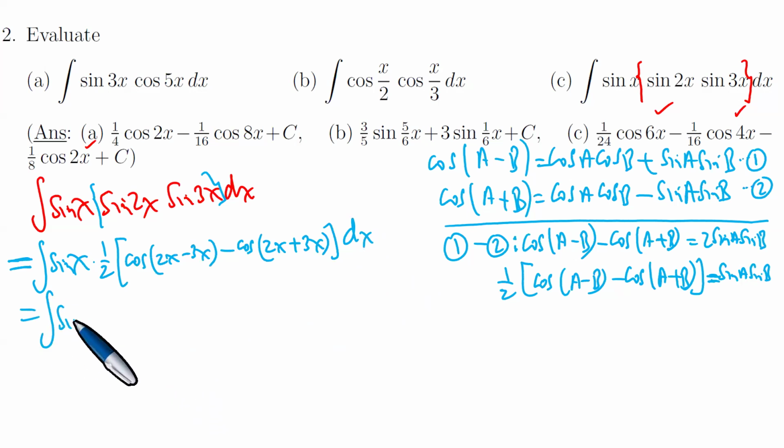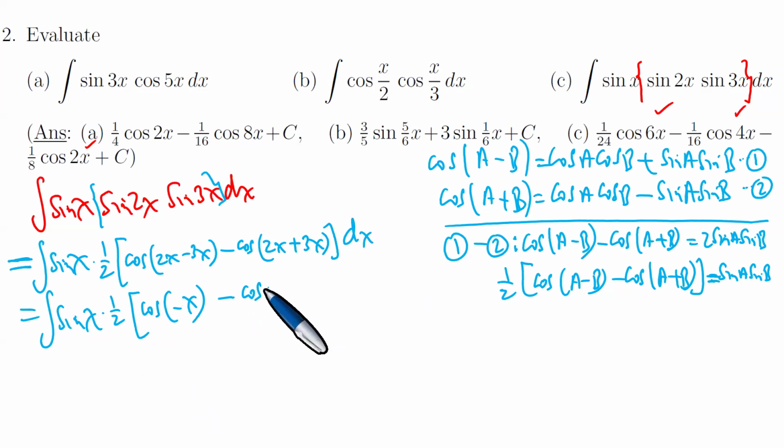So that you have the sine of x, 1/2, and then here it's 2x minus 3x, which is minus x, and the cosine of 5x.